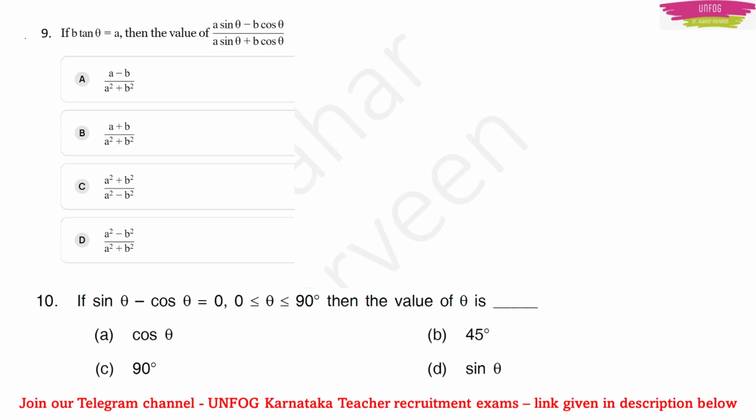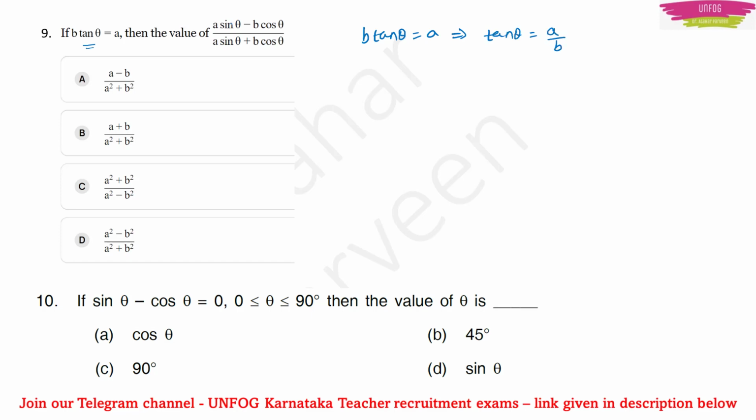Next, question number 9. If b tan theta is equal to a, then the value of (a sin theta minus b cos theta) by (a sin theta plus b cos theta) is. So here I can see that b tan theta is there, no? So my b tan theta is equal to a will imply that tan theta is equal to a by b.